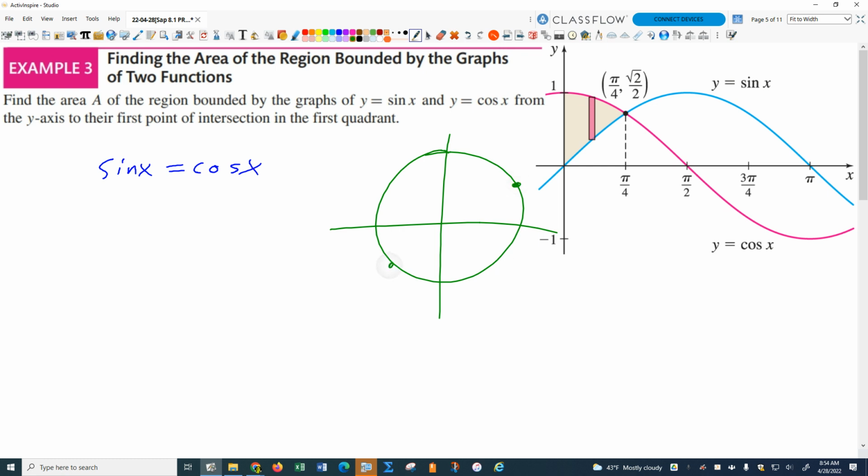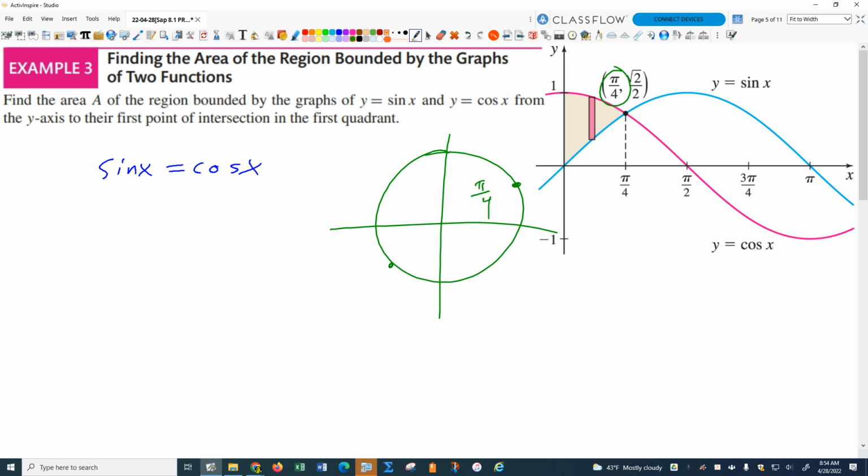And then again down here at 5 pi over 4, they'd be the same. But this is the one we're interested in because that's a negative value, right? These are going to meet again, but we're only interested in the first bounded region, the first point of intersection, which is going to be at pi fourths. So that's how we find our pi fourths.